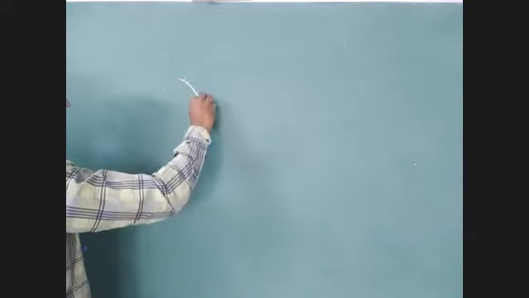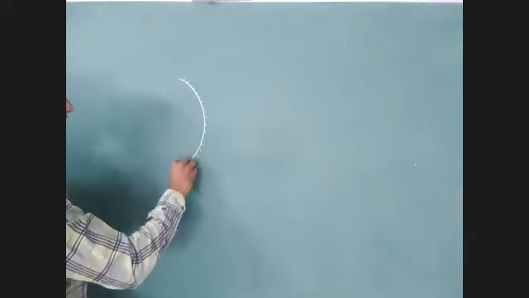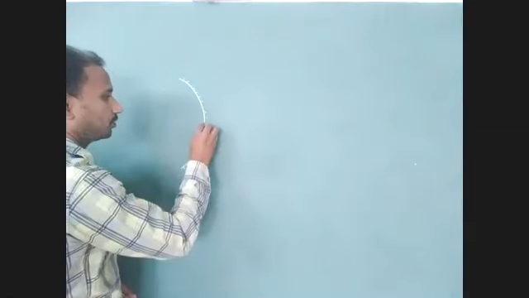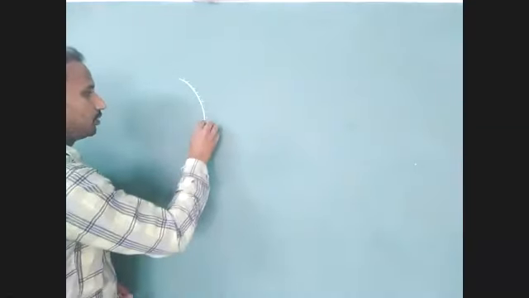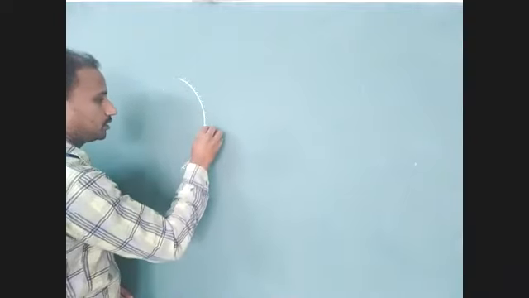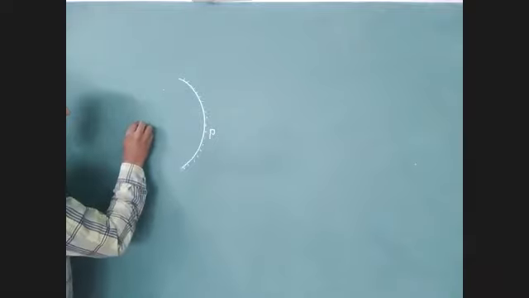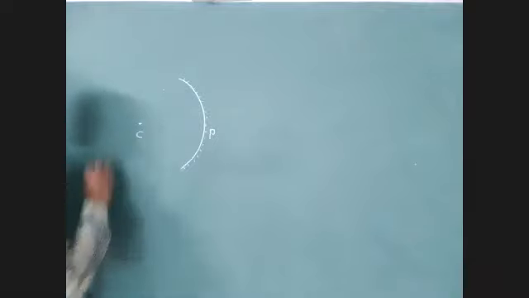So now just identify the concave mirror. It is a concave mirror. The midpoint of the concave mirror is the pole. The center of curvature we consider outside.